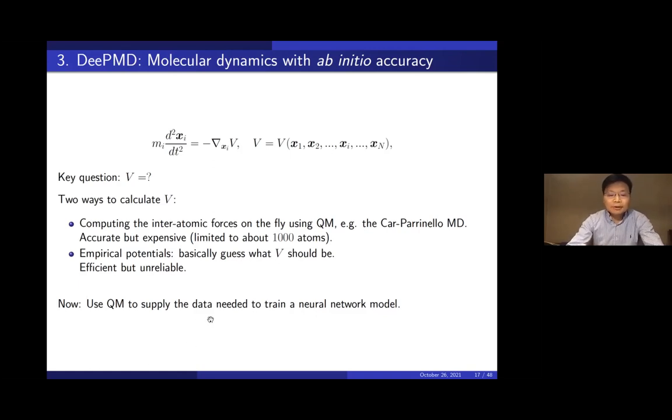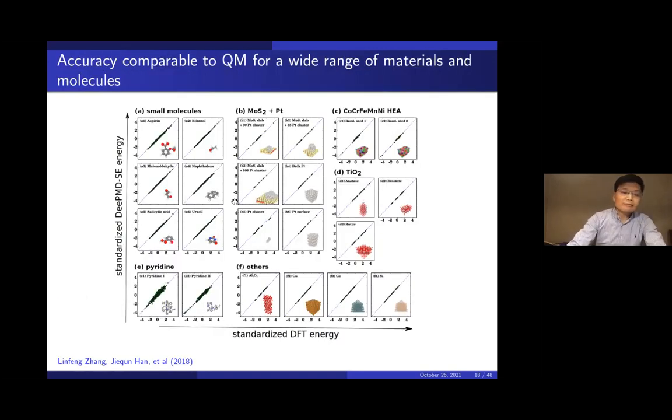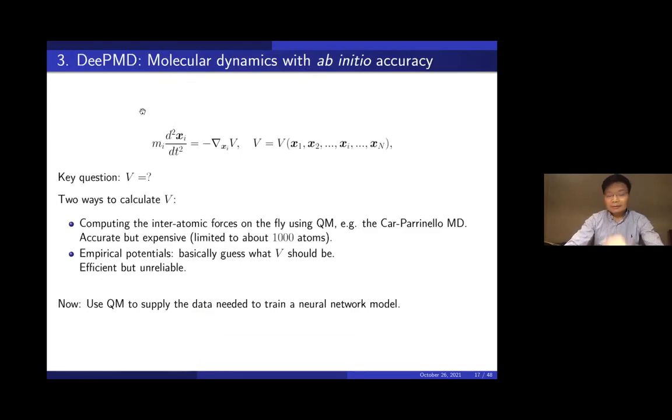But we've developed algorithms to solve these problems, and then you can see the machine learning model, the so-called deep potential, we gave this name, not a very creative name, deep potential molecular dynamics.